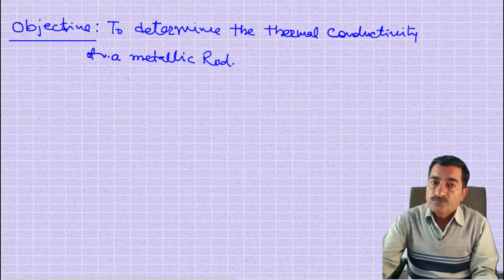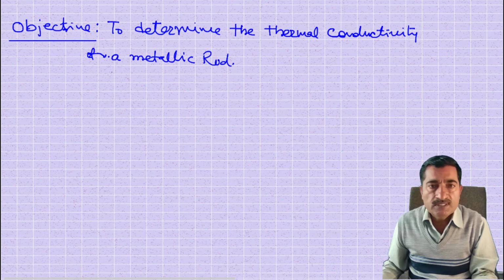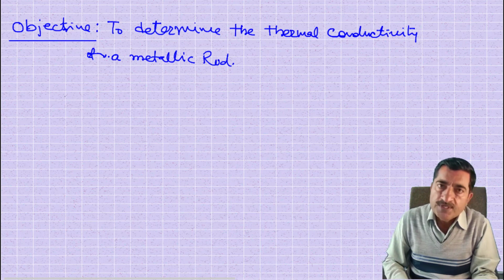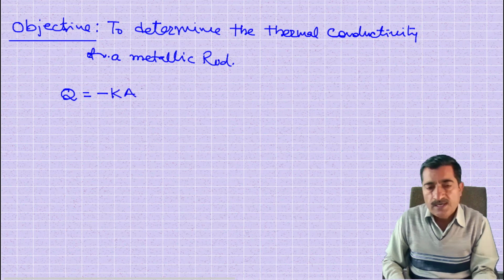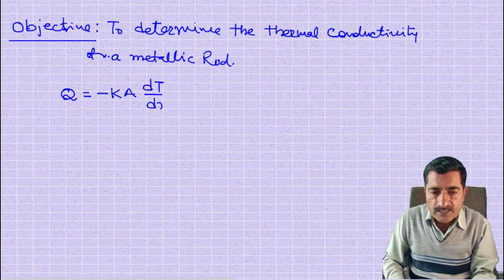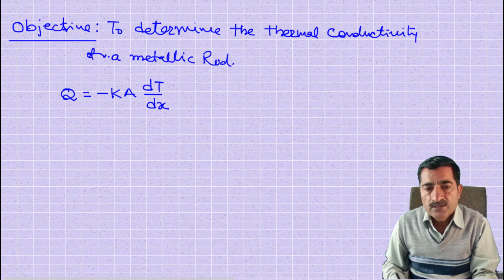From Fourier's law of conduction, the heat transfer rate Q equals minus K A into dT by dx. K is the thermal conductivity, A is the cross-sectional area, and dT by dx is the temperature gradient.